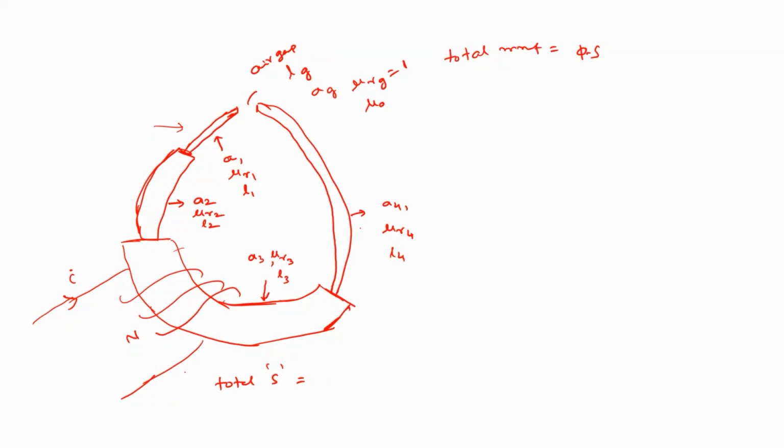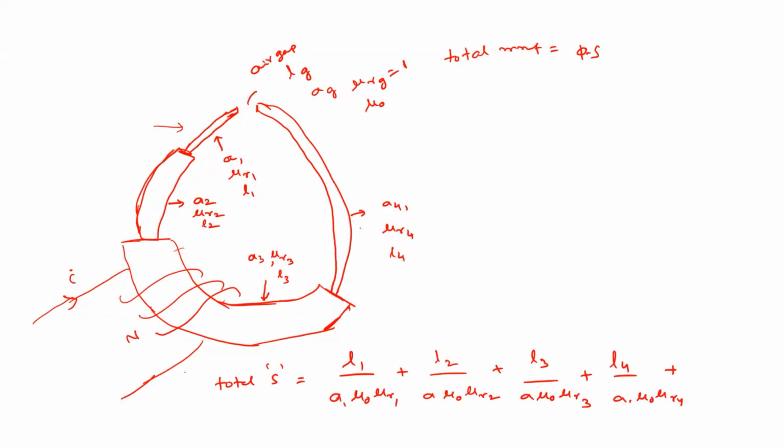L1 upon A1 into mu naught into mu R1. Plus the second material, L2 upon A2 mu naught mu R2, plus L3 upon A3 mu naught mu R3, plus L4 upon A4 mu naught mu R4.